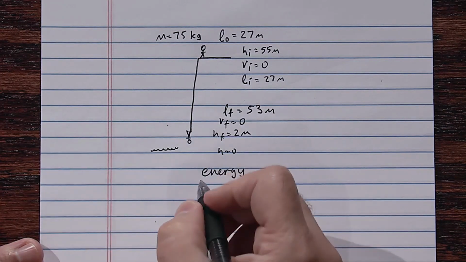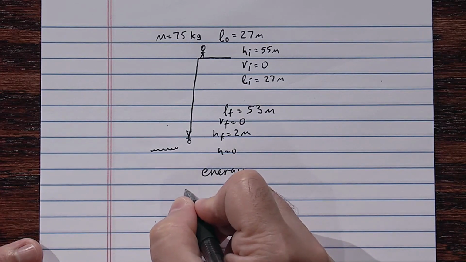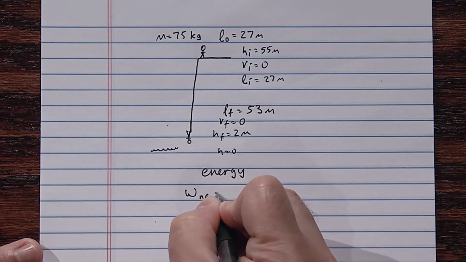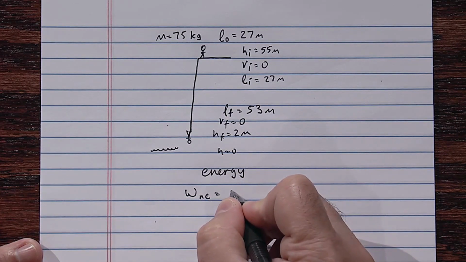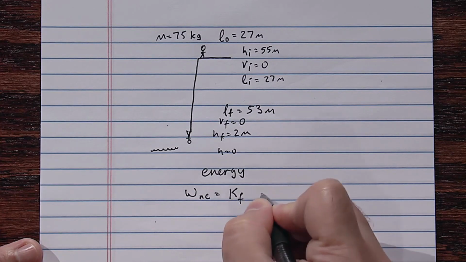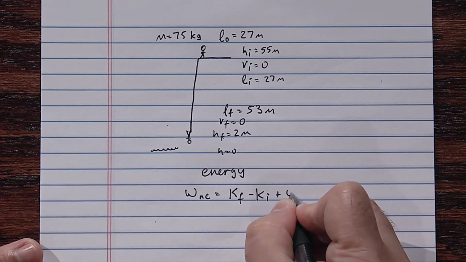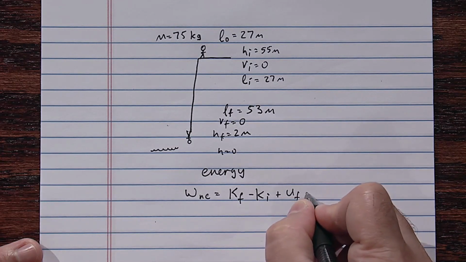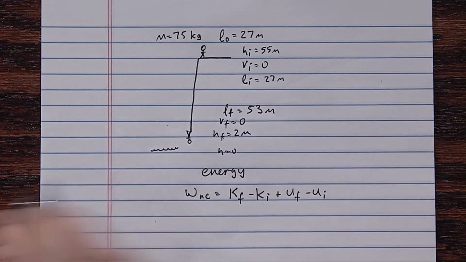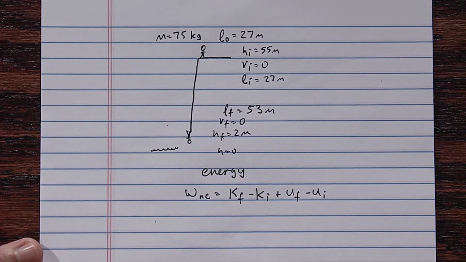And we start off our energy situations with work, non-conservative, is equal to K final minus K initial plus U final minus U initial. And what can we zero out here?